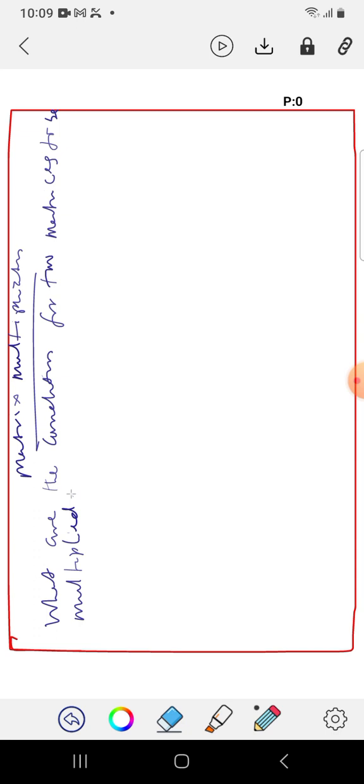Okay, when can two matrices be multiplied? That's better. Let me see if I can bold. Okay, better.